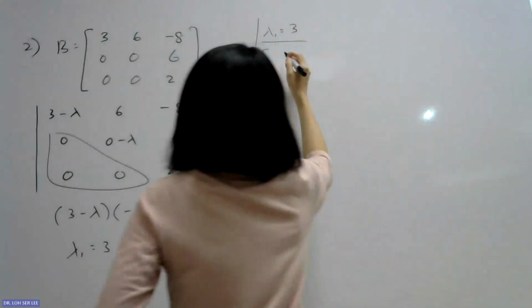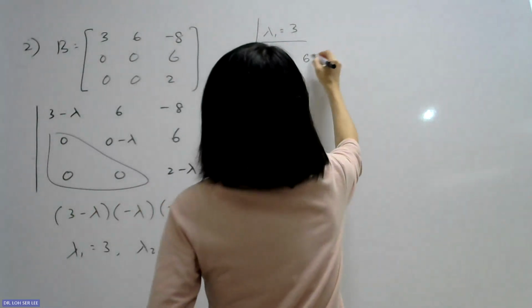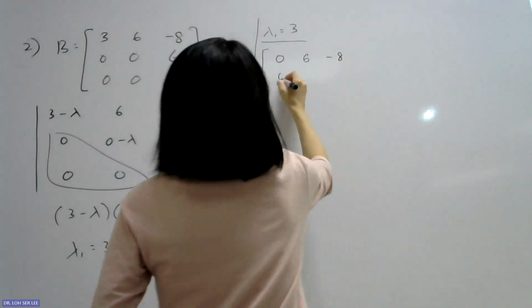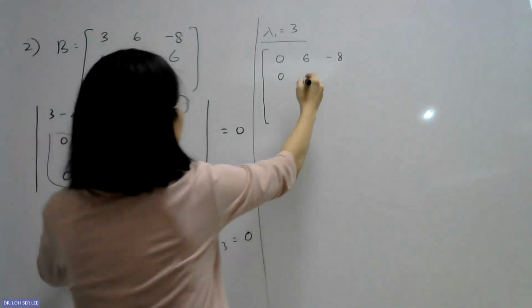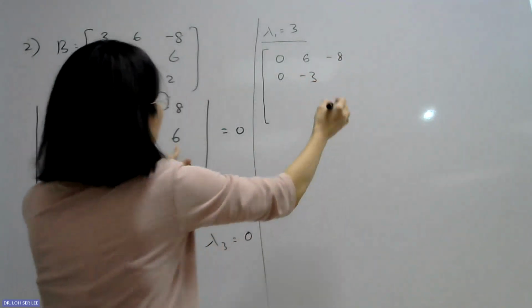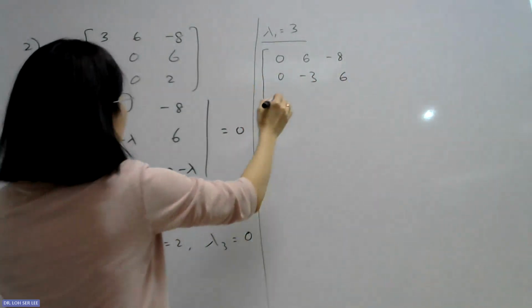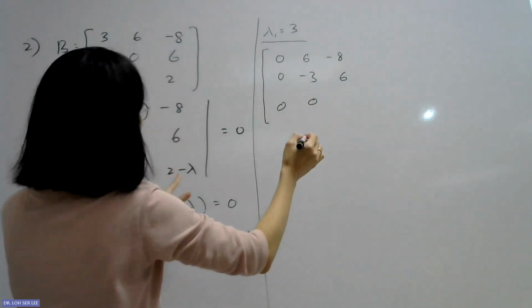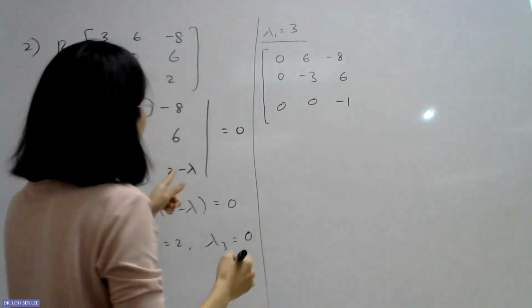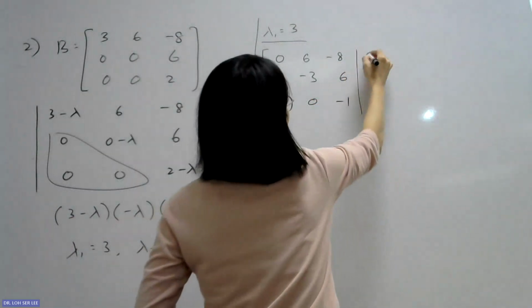So 3 minus 3, 0, 6, negative 8, 0; negative 3, 6, 0; 0, 0, negative 1. Okay, 2 minus 3, negative 1, and then all 0.